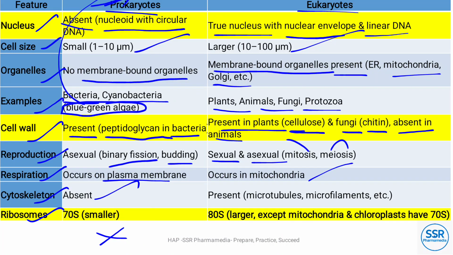Cytoskeleton: absent in prokaryotes, present in eukaryotes like microtubules and microfilaments. Ribosomes: 70S, smaller, in prokaryotes; 80S, larger, in eukaryotes, except mitochondria and chloroplast, which have 70S.